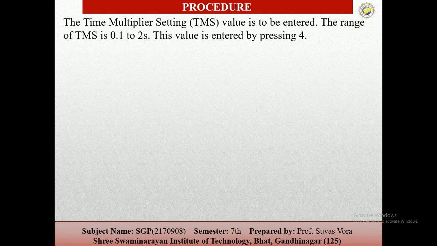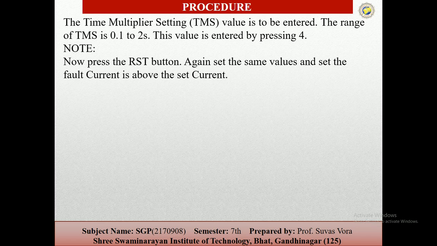So the time multiplier setting value is to be entered, and the range of the TMS is 0.1 to 2 seconds, and this value is entered by pressing button 4. Here one thing to remember: the reset button lets you set the values again, and set the fault current above the set current, meaning we can change it every time.